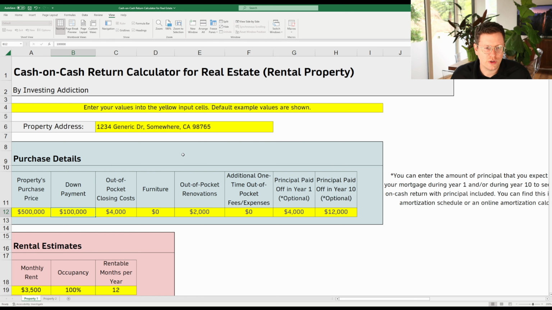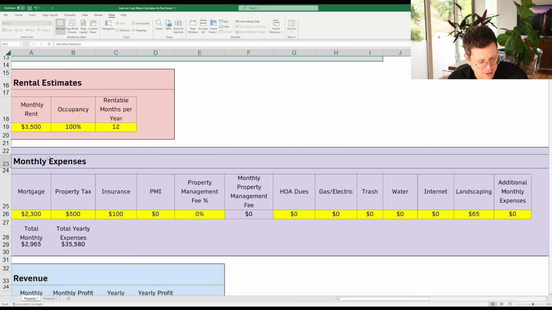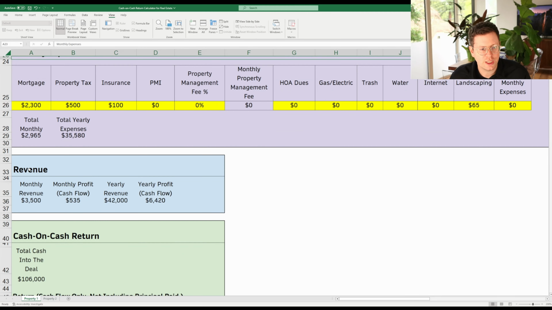So let me give you an overview of the spreadsheet first. All the input cells that you actually need to input information into are highlighted in yellow, and there's going to be multiple sections here. So the first section are the purchase details. The next section is rental estimates. Then you have your monthly expenses. And then my spreadsheet calculates the revenue that the property generates.